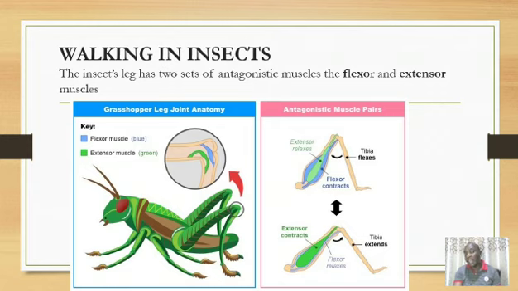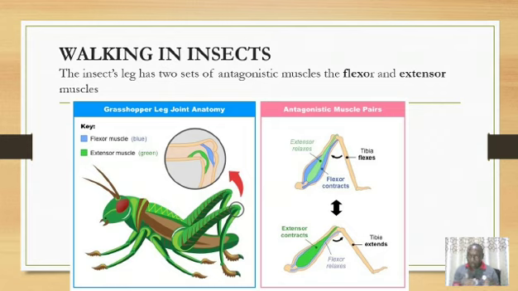Or walking in insects. What we need to know in addition, remember the insect has 6 legs, just like we are seeing that insect in green. But when they are moving, all the 6 legs are not moved at once.